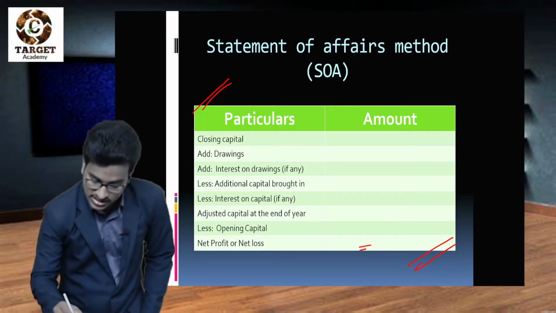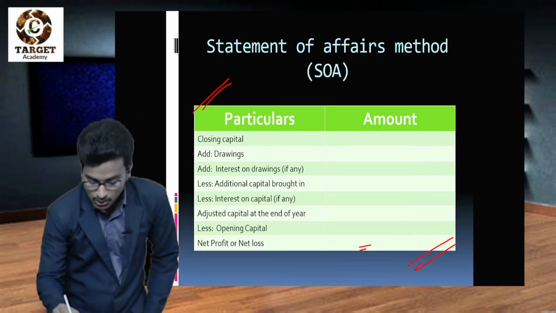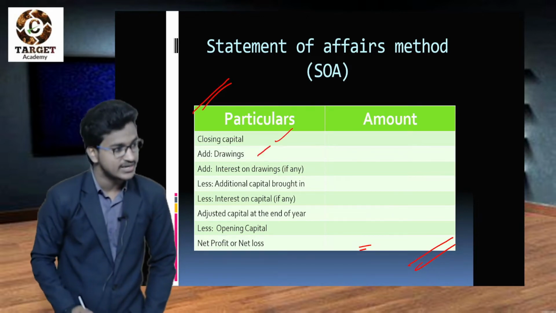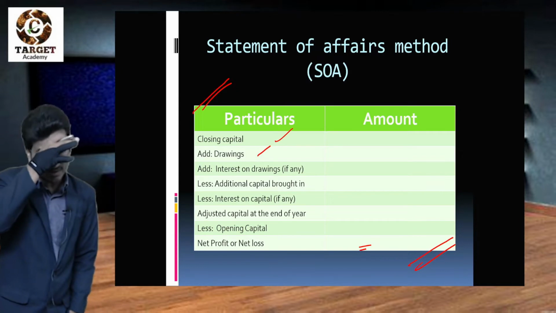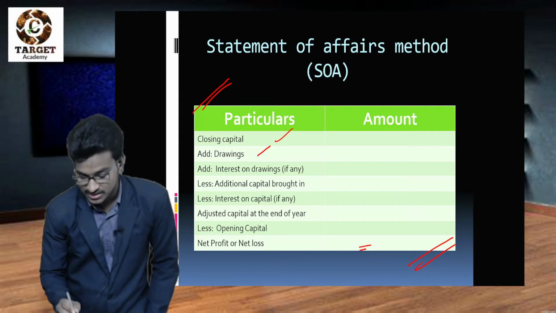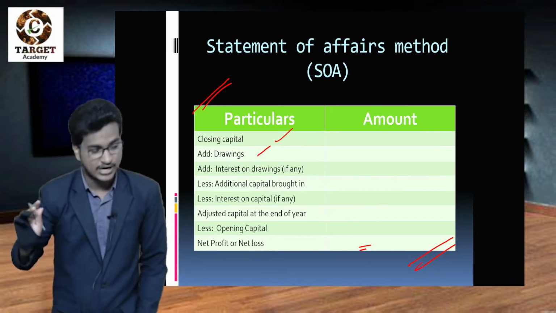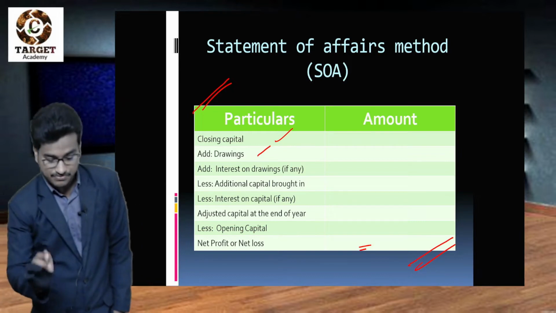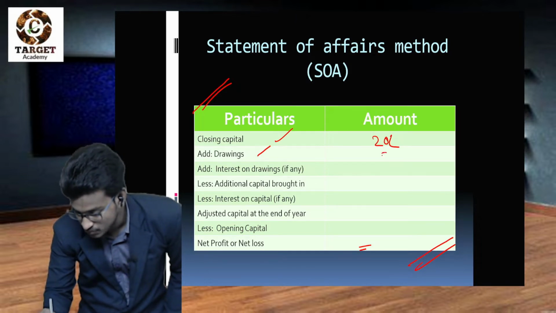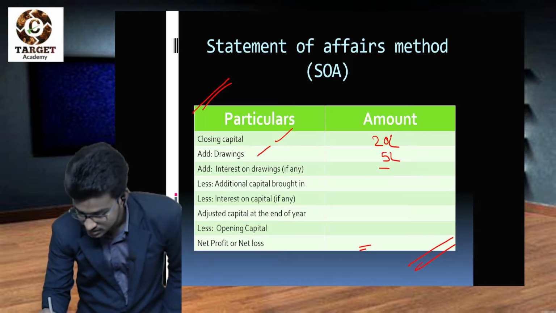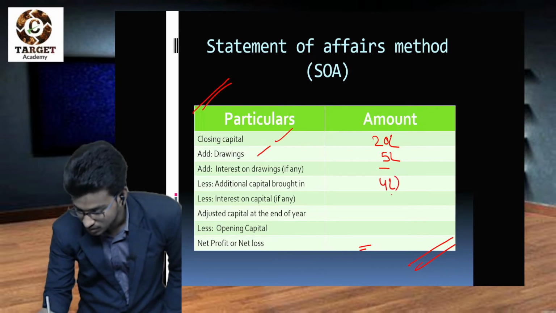Please listen carefully. What is the pro forma? Closing capital, add drawings, add interest on drawings, less additional capital. If there is any interest, we have to reduce interest. Then less opening capital, and we will get the net profit or loss. For example, closing capital 20 lakhs, drawings 5 lakhs, no interest, additional capital 4 lakhs.